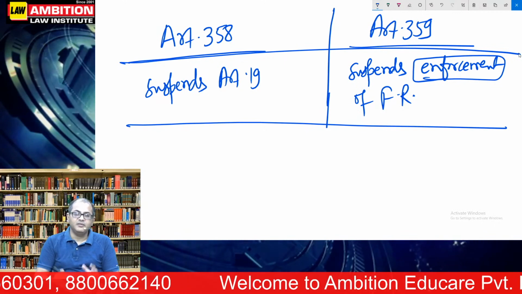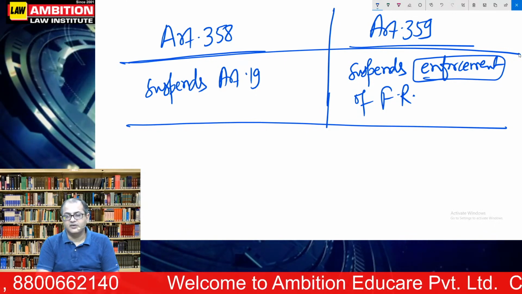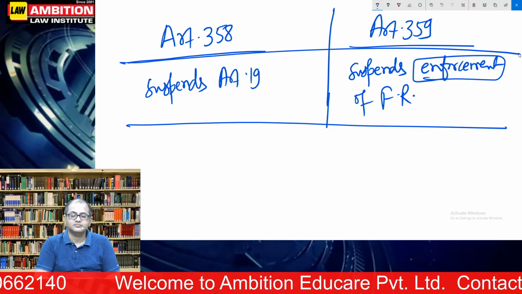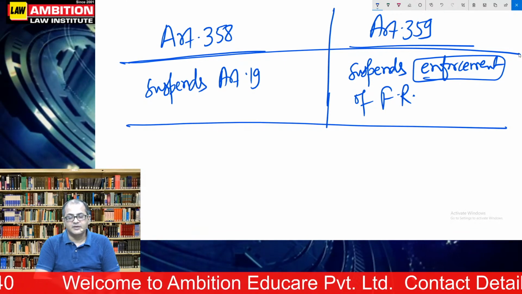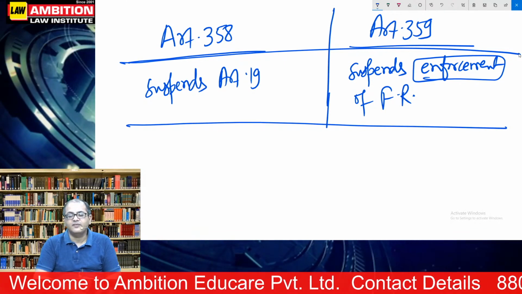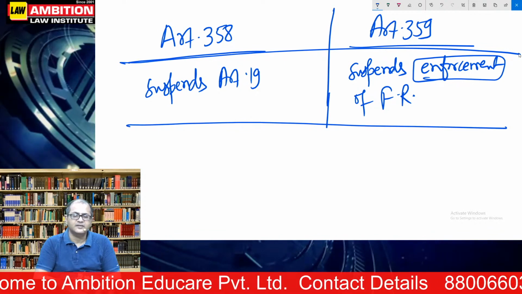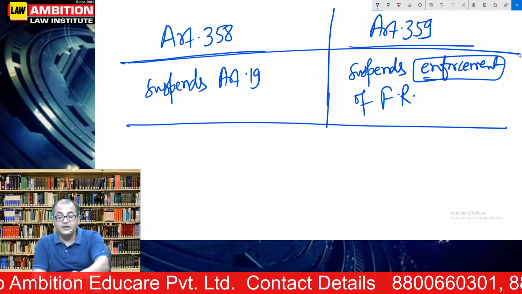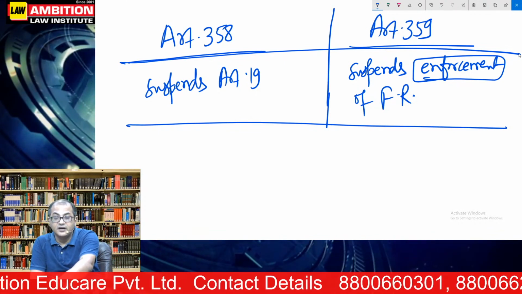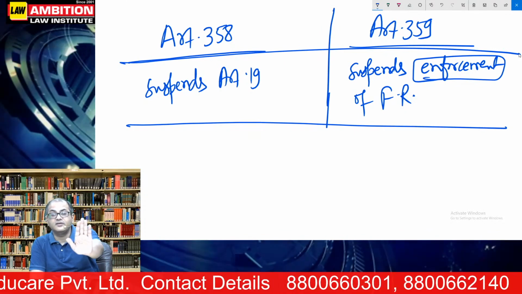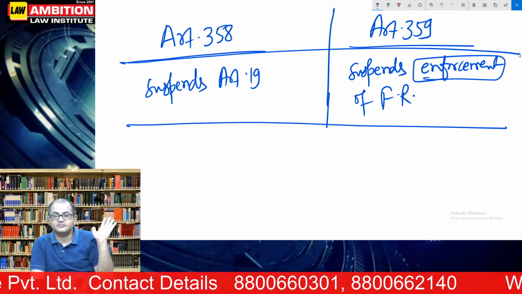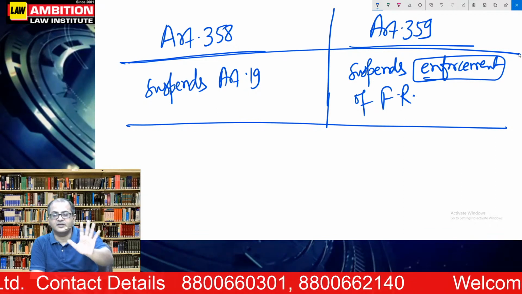For example, suppose an emergency is imposed now, with a problem going on between India and China, and the President says he suspends our fundamental rights, some of the fundamental rights except 20 and 21. Can we go to court for enforcing our fundamental right? The answer is no, you can't go. Not now.